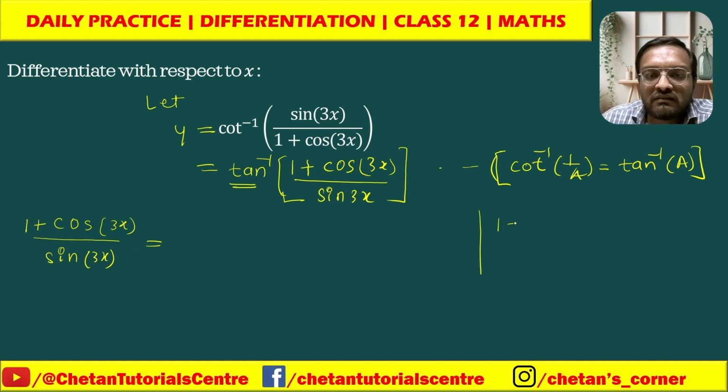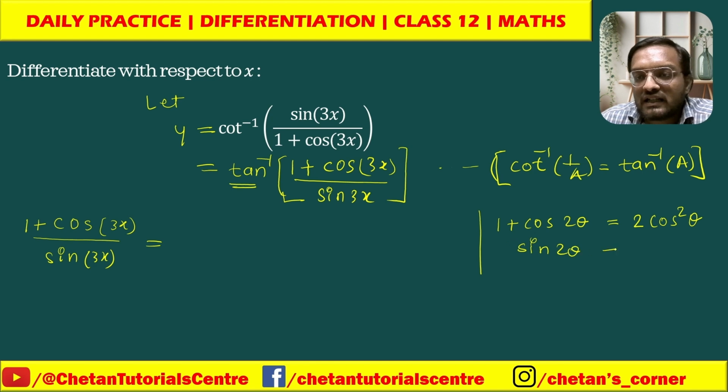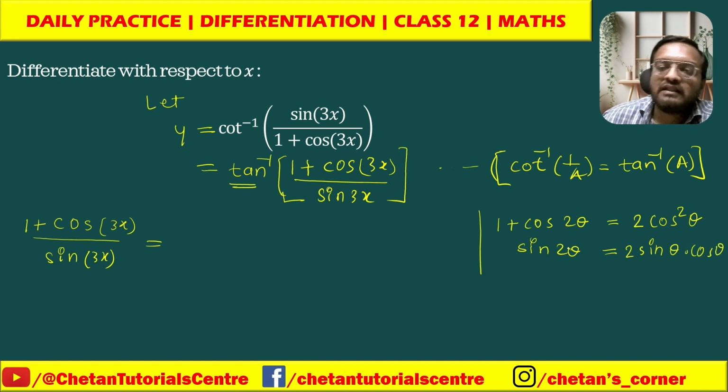We have the formula 1 plus cos 2 theta is equal to 2 cos square theta, and we also have the formula sin 2 theta is equal to 2 sin theta into cos theta. So these are the formulas that we are going to use to simplify this numerator and denominator. Now how to do that, let me show you.